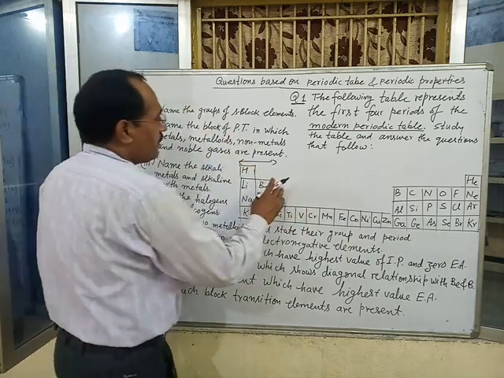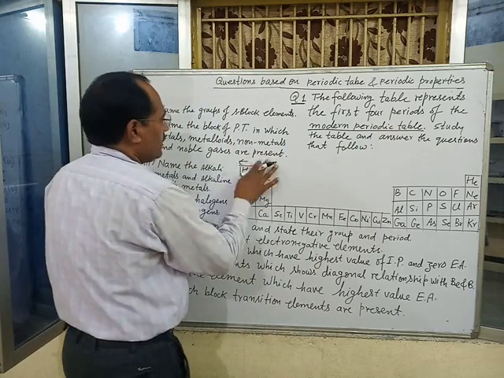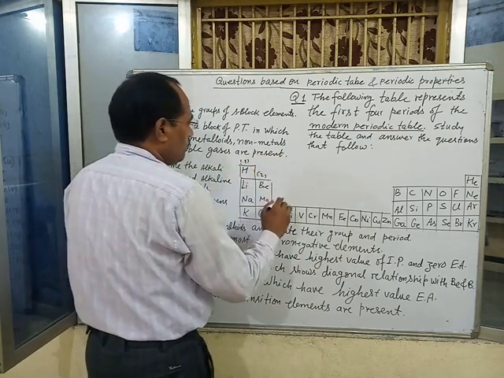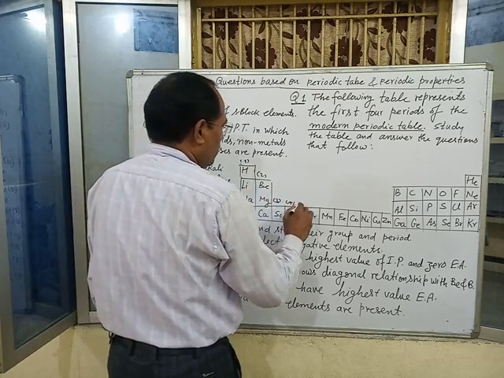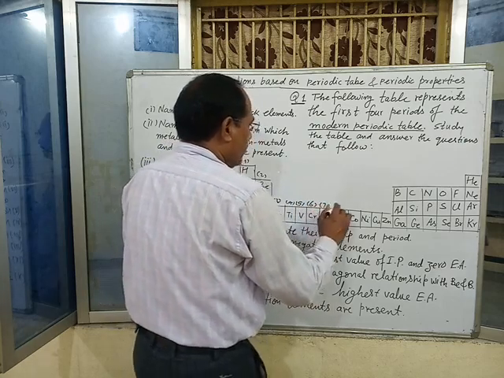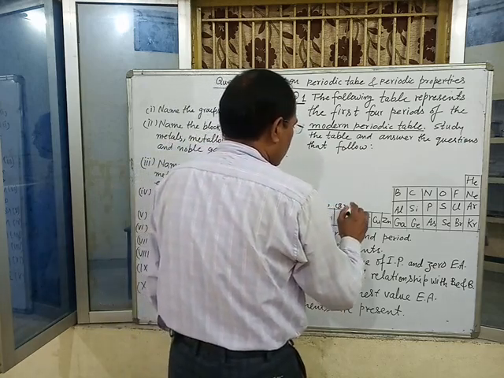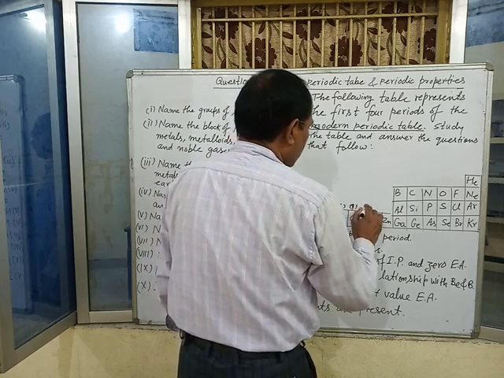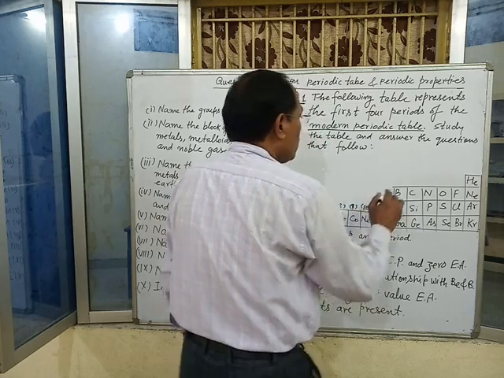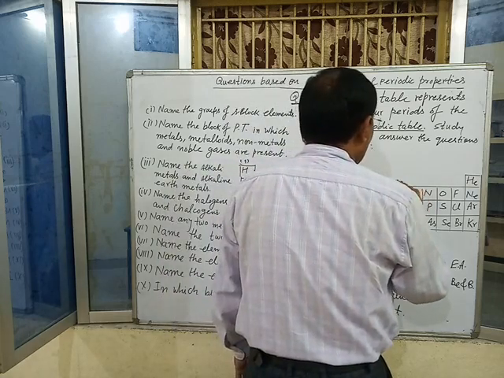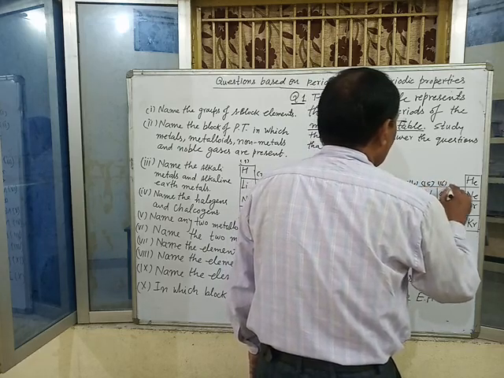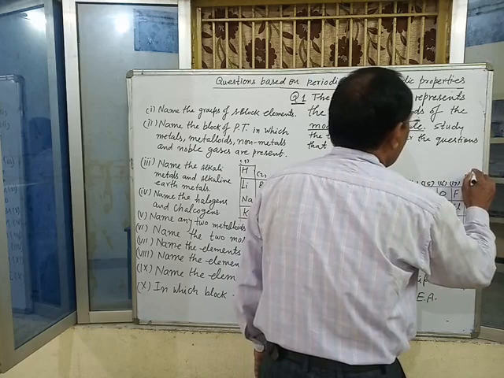Groups are named as 1, 2, 3, 4, 5, 6, 7, 8, 9, 10, 11, 12, 13, 14, 15, 16, 17 and 18.